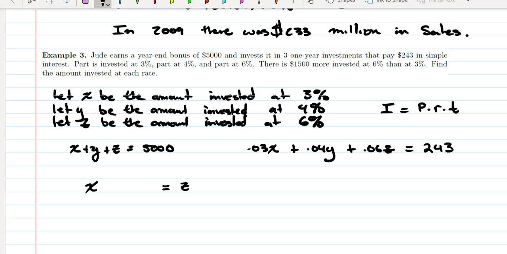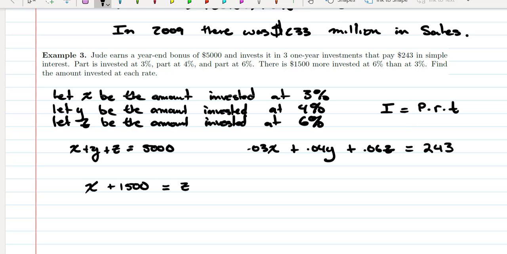Since x is the smaller of the two, and there's $1,500 more invested at 6%, to make that equation true, I would have to add $1,500 to x. So x plus 1,500 would be the same as z.